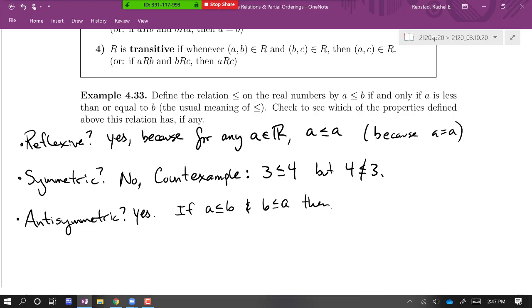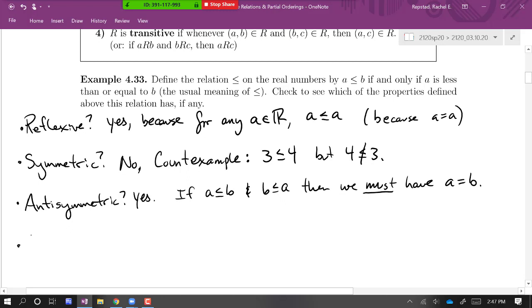They're numbers on the number line. If A is less than or equal to B and B is less than or equal to A, then the only way that can happen is if A and B are the same number. So it is anti-symmetric. What about transitive?